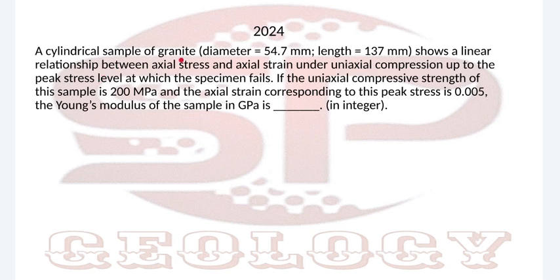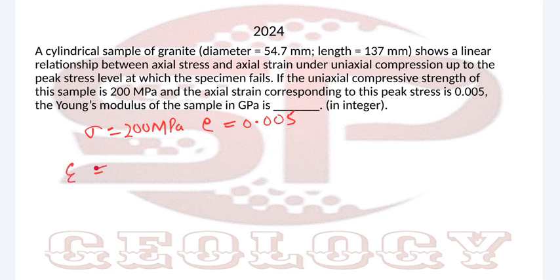A cylindrical sample of granite, diameter given, length given, with a linear relation between axial stress and strain under uniaxial compression. So the same type of question is repeated. The compressive strength sigma is given as 200 MPa and strain is given as 0.005.